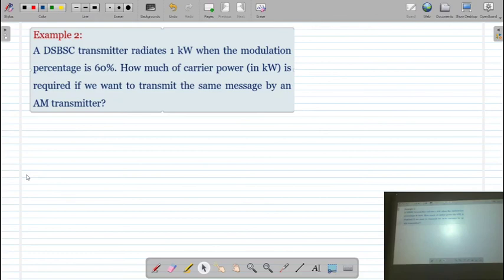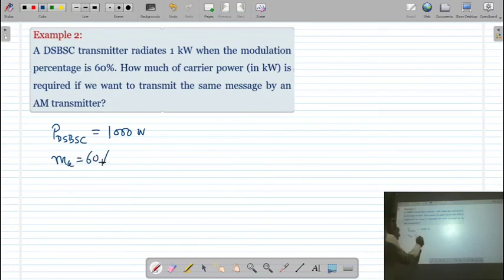A DSBSC transmitter radiates 1 kilowatt when the modulation percentage is 60%. Means the power of the DSBSC is given. PDSBSC is given as 1000 watt. Modulation index is 60%, means it is 0.6.